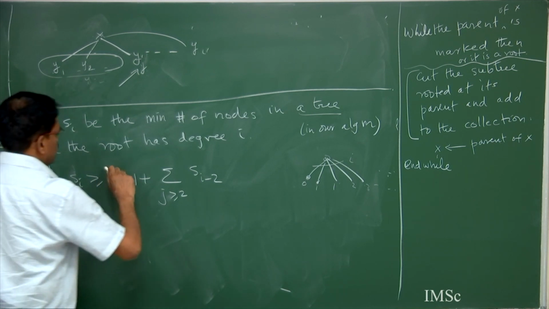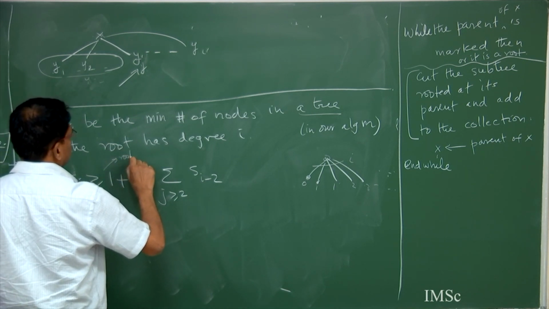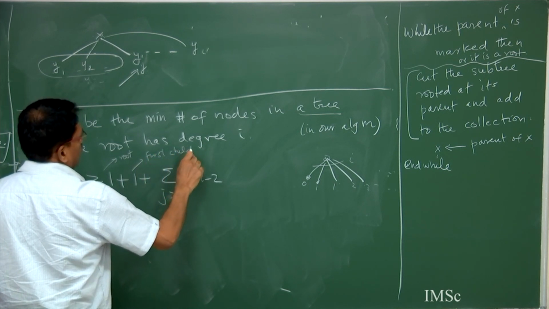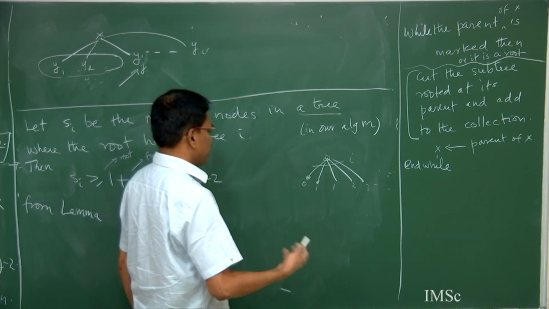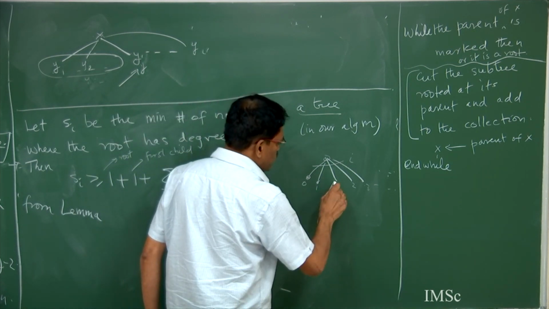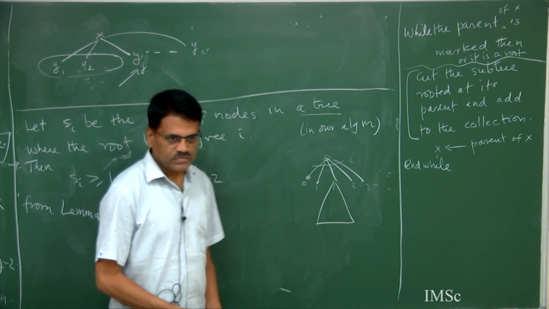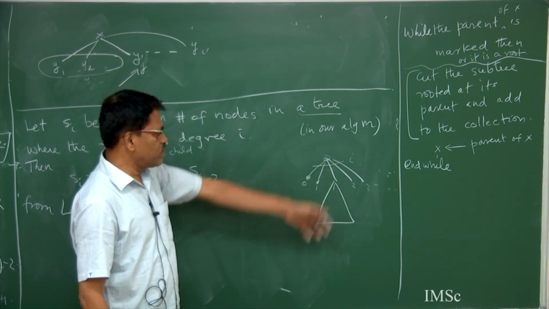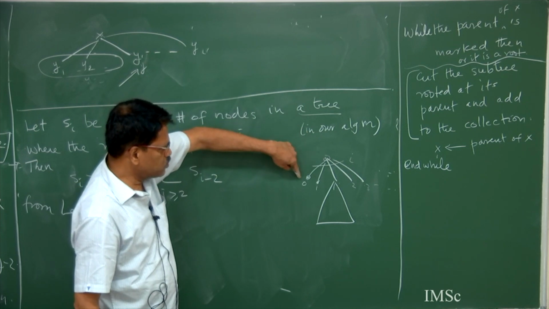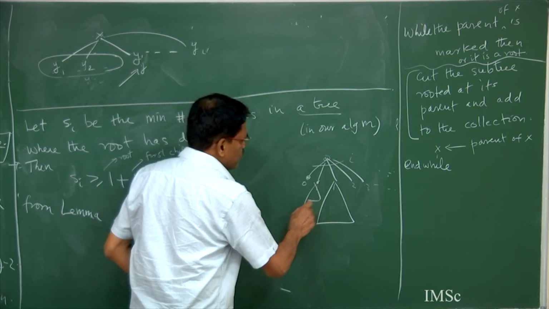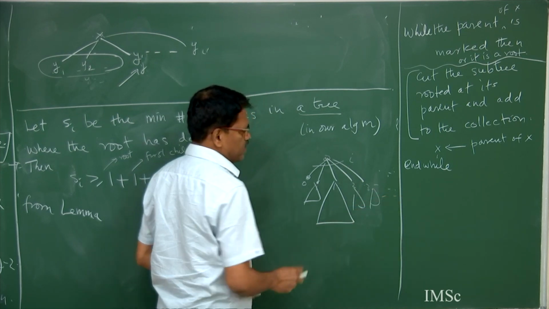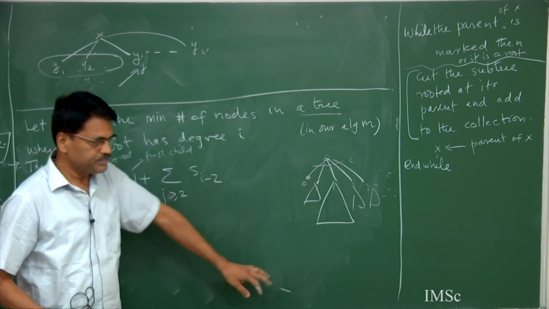This one is for the root, this is for the first child. Then inductively, the number of nodes in this subtree, that's all I care about, I'm counting. What is the total number of nodes? It is 1 plus 1 plus the number of nodes in this subtree plus the number of nodes in this subtree plus the number of nodes in this subtree and so on. That's the total number of nodes in this tree.